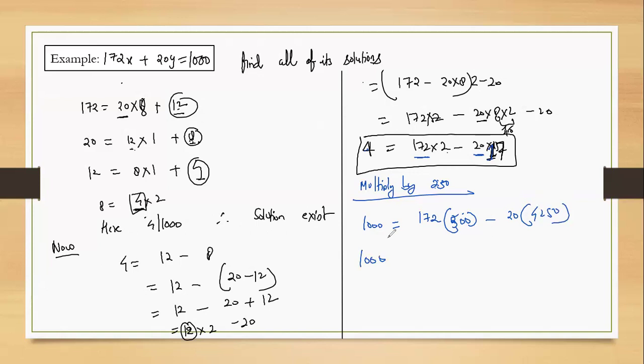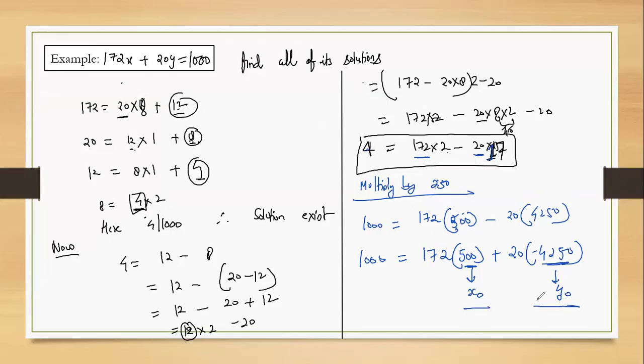Now we have to make the equation look exactly the same as ax + by. So it will be 172 times 500 plus 20 times minus 4250. So here these values are x0 and y0.